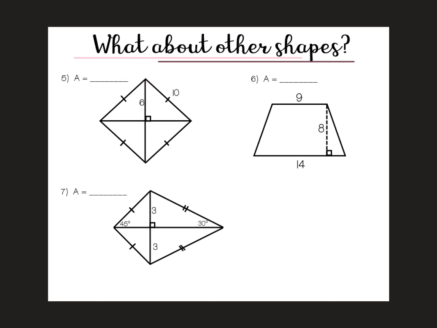The next example is a trapezoid, and if I draw in this other height, I can split a trapezoid into 2 triangles and a rectangle. I'm going to start by finding the area of this rectangle, which I'm going to highlight in red.